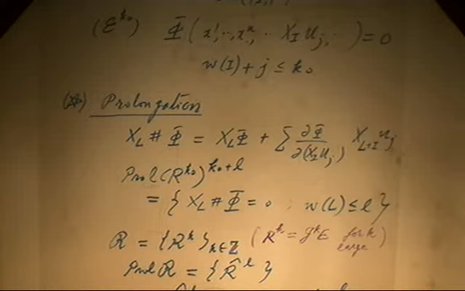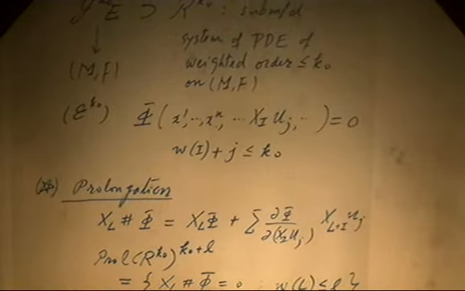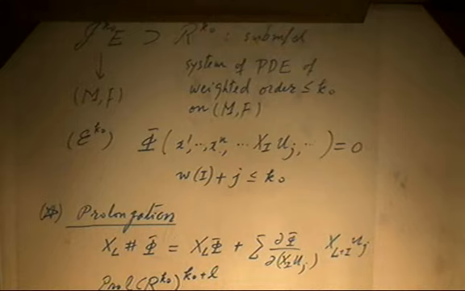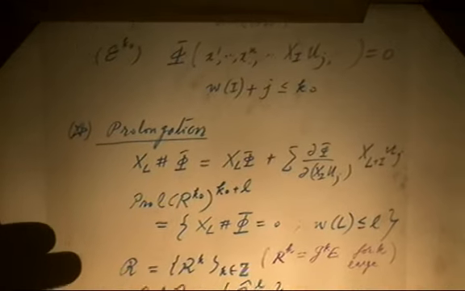So any differential equation is regarded as a submanifold of the weighted jet bundle. If you want it to be linear, it is a subbundle. If our R_{k0} is a subbundle, then it is a linear equation.